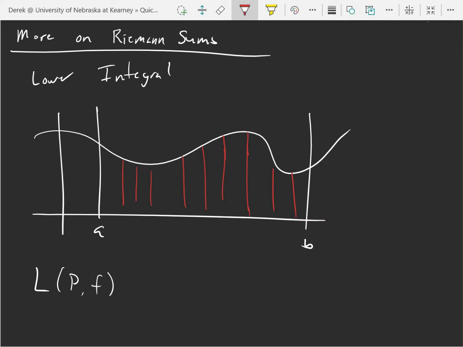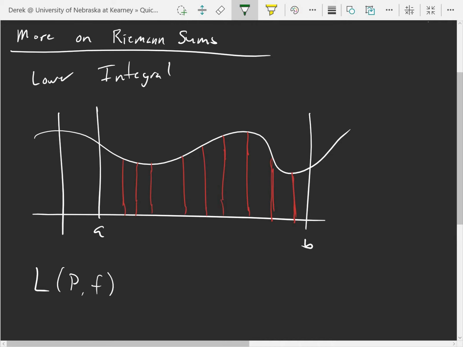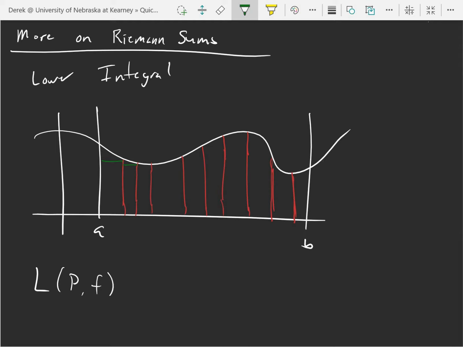And the lower part, remember, means that I find the lowest point in each of these subintervals to draw the height of the rectangle. So this is definitely going to be under the area of the curve, because each of these rectangles that we've drawn has a smaller area than the area under the curve, right?